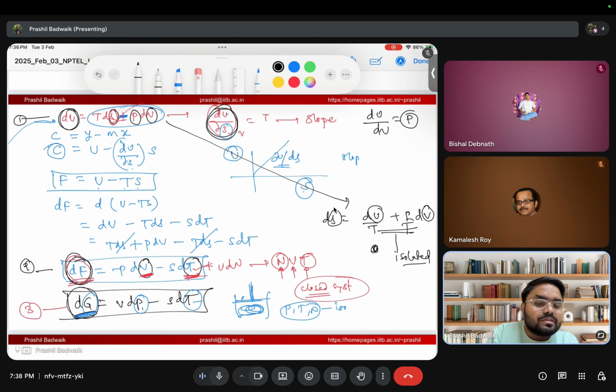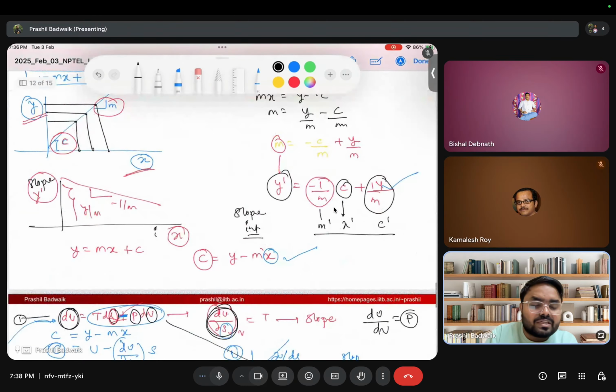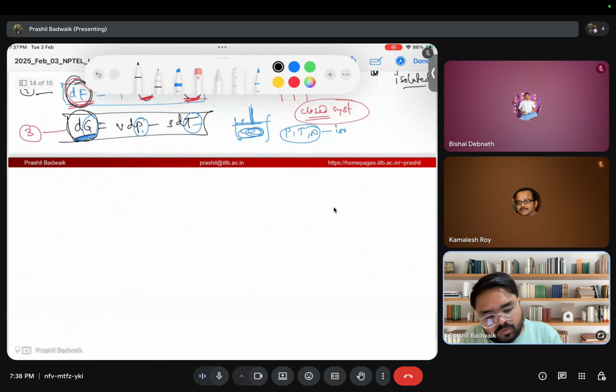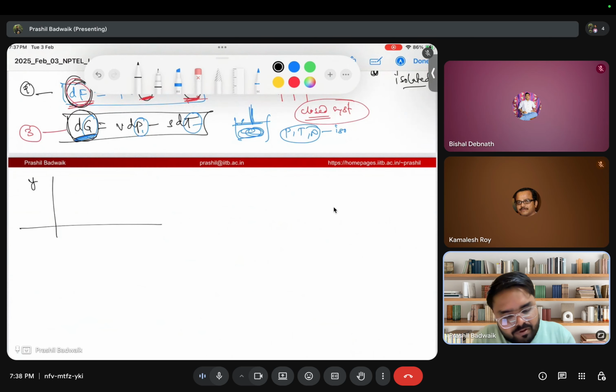And here is the advantage that we got from the Legendre transformation, where we are representing the system using slope and intercept instead of y and x, correct? So this is my y, this is my x. If I want to represent it, I was using my slope and intercept.